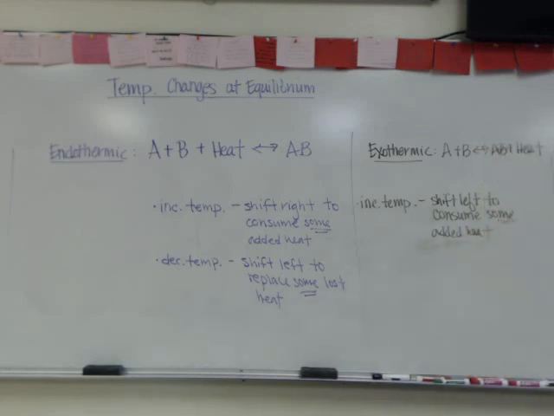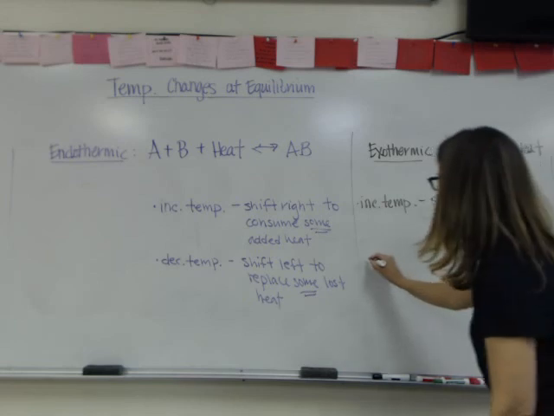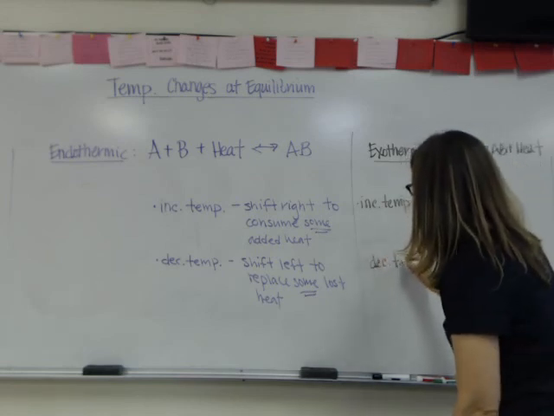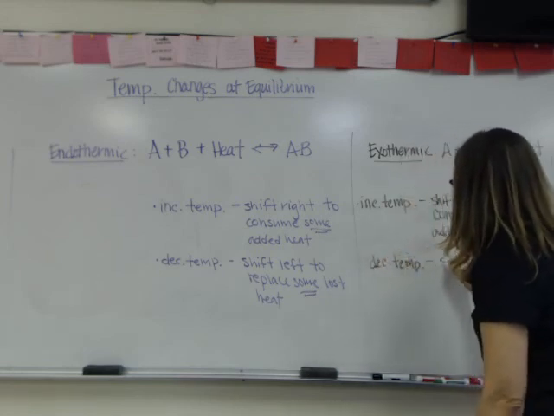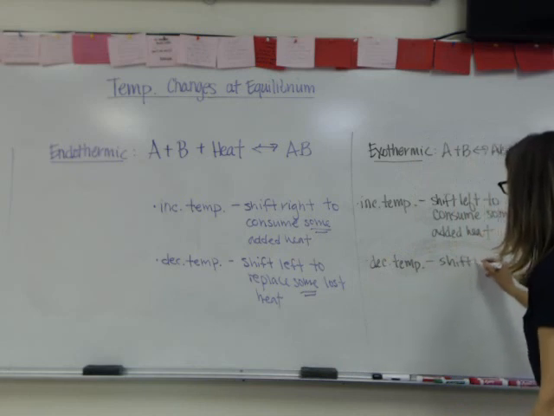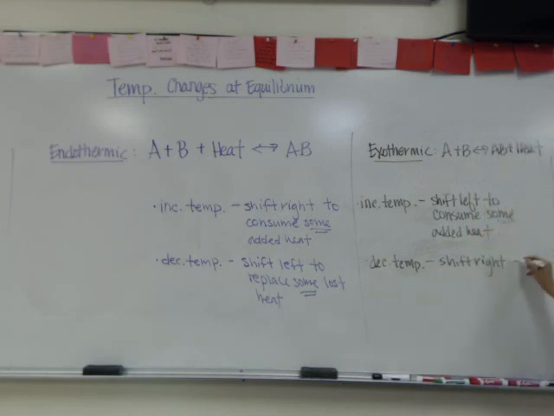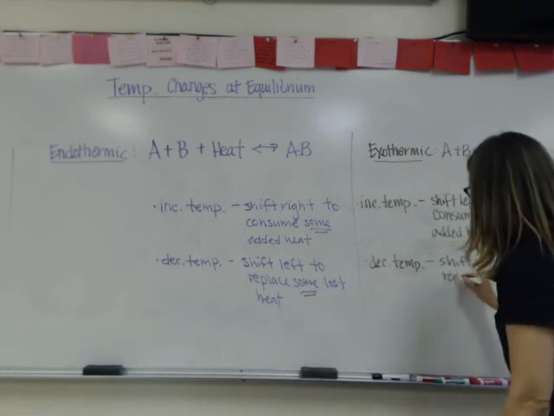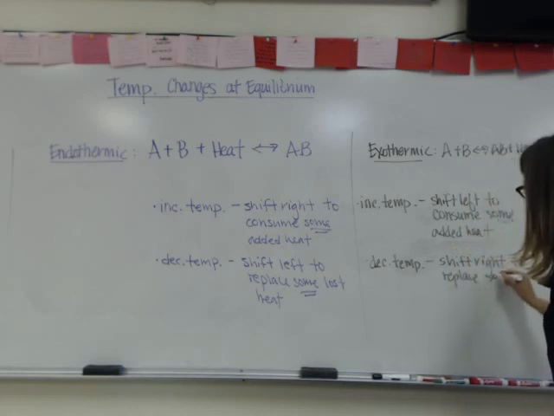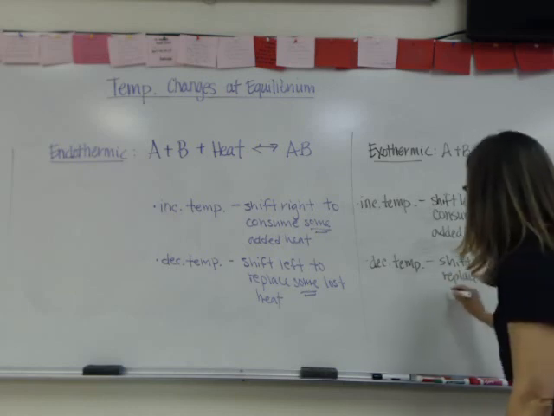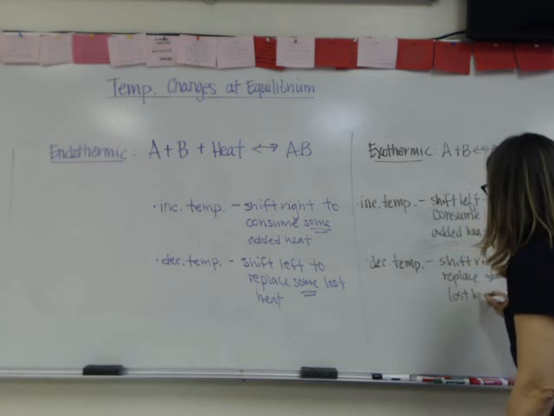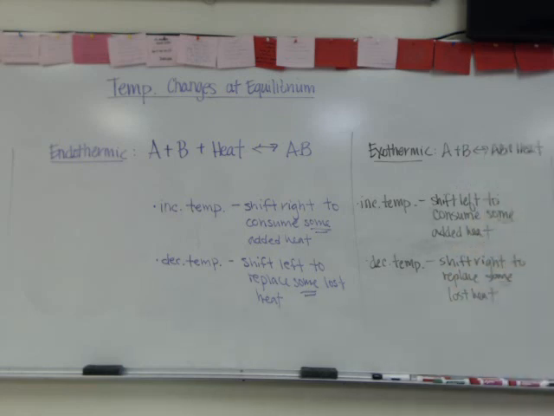You will always do that. And when you decrease the temperature, you need to shift to the right to replace some of the lost heat. You will always do that.